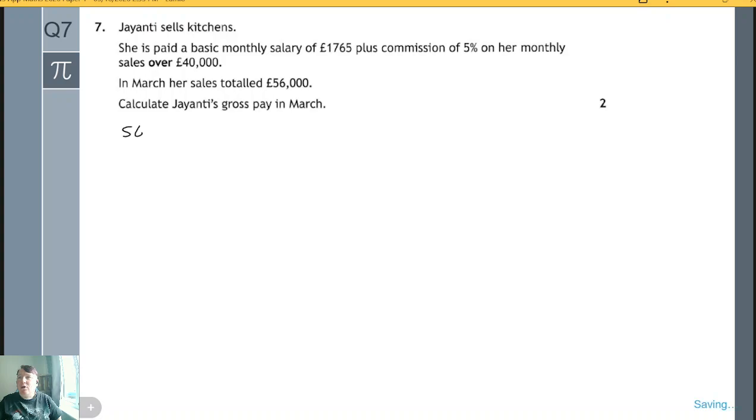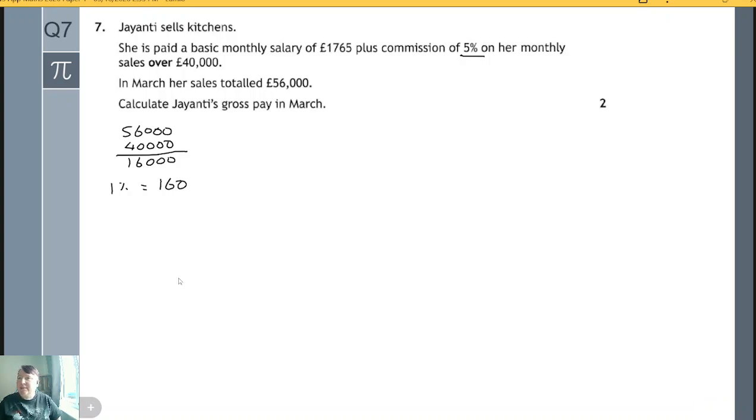So we've got £56,000 in sales, and she's only paid a commission on over 40,000 of them. So we have £16,000, and we want 5% of that. Well, 1% is going to be 160. Remember, all you do is take off the last 2 digits.